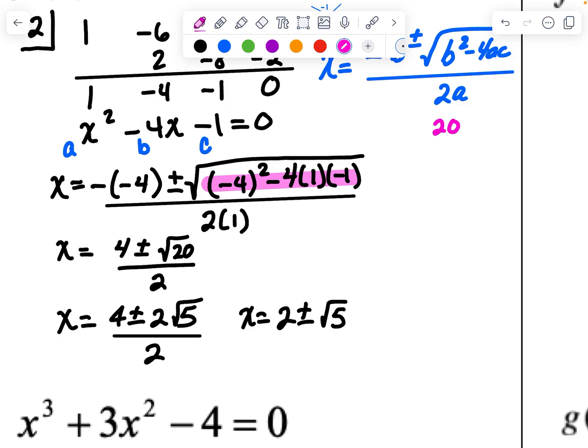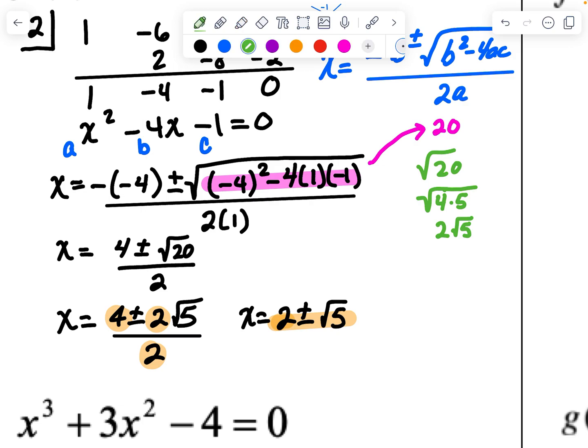So all of this got us the 20. The square root of 20 is the square root of 4 times 5, which is where the 2 radical 5 came from. And then, because this number and this number are all divisible by 2, that is where this came from.